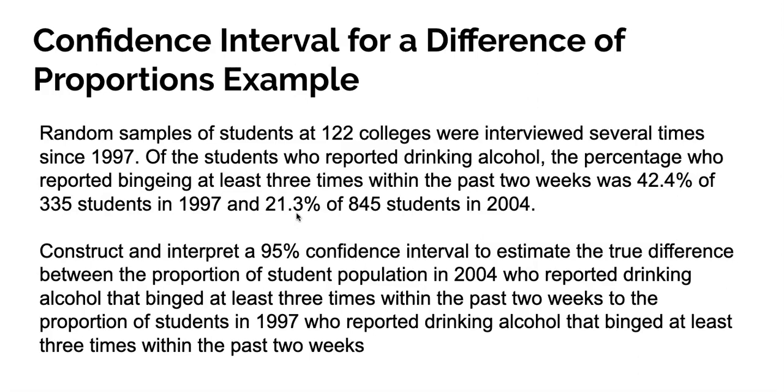We are just comparing the proportion of binge drinkers in 1997 and 2004. And what we are trying to do is see whether they are different or not that different. When something goes from 42.4% down to 21.3%, I think there is a difference. But we're going to do it by creating a confidence interval.